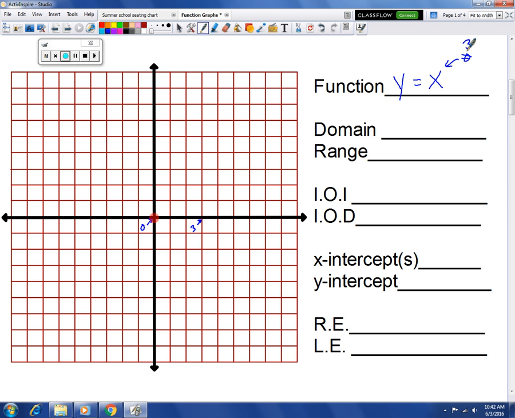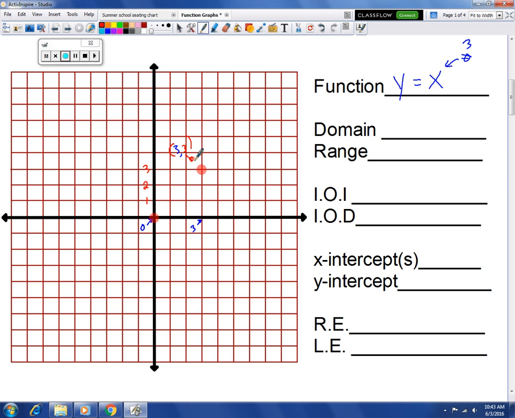Okay, so y is 3. So where's y equal 3? Well, start at the middle, go up 1, 2, 3. So where the red 3 and the blue 3 meet, that's where I put a point. Right there. That's when I plug in x, I get 3. And by the way, the notation would be x is 3, y is 3. Okay, that's the coordinates of that point right there.